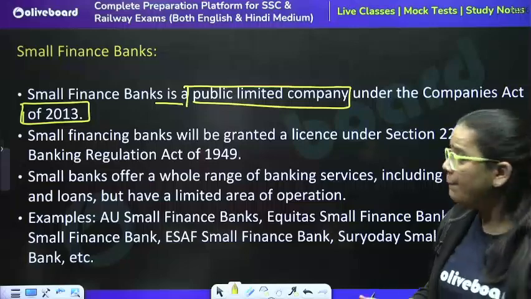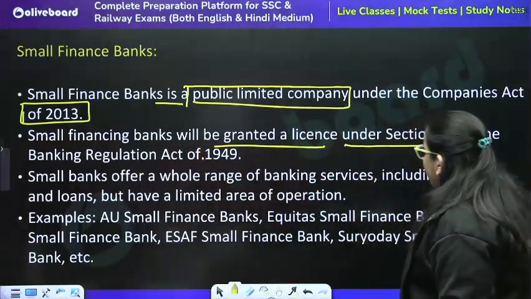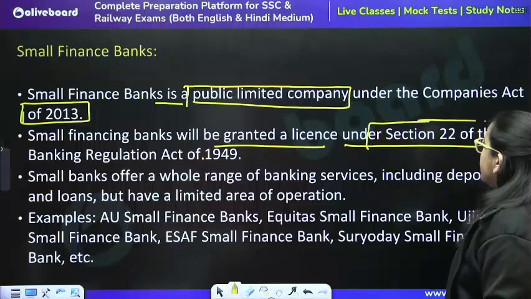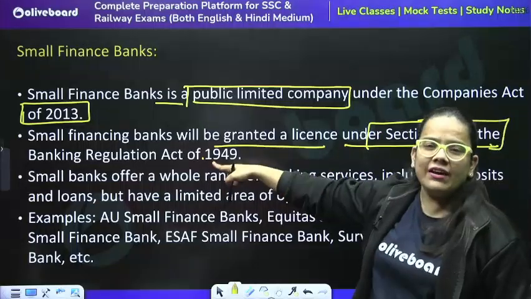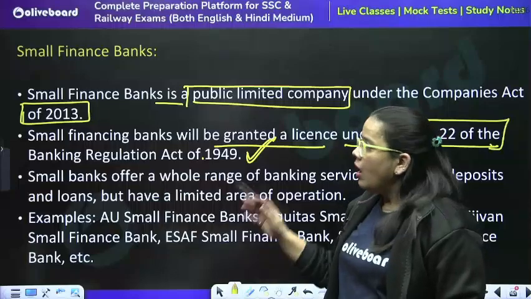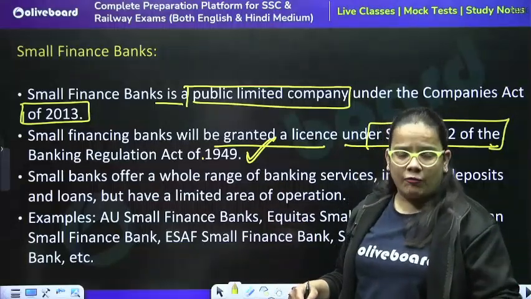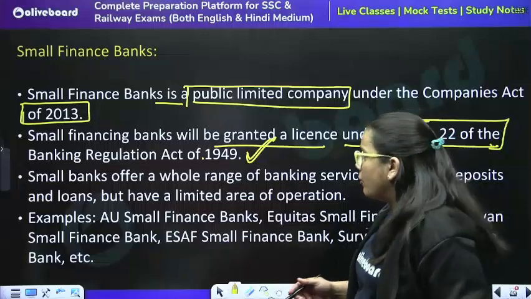Small finance banks are granted a license under Section 22 of the Banking Regulation Act 1949. Now, what kind of banking operations or business can small banks deal in?